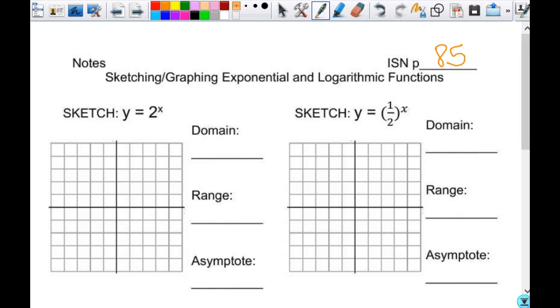That's why I said you can use your notes. If it's a sketch, it should be going a whole lot faster than this.